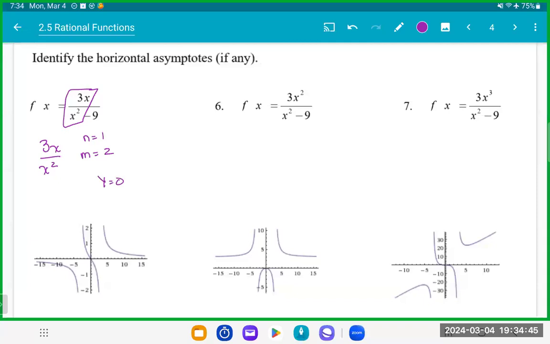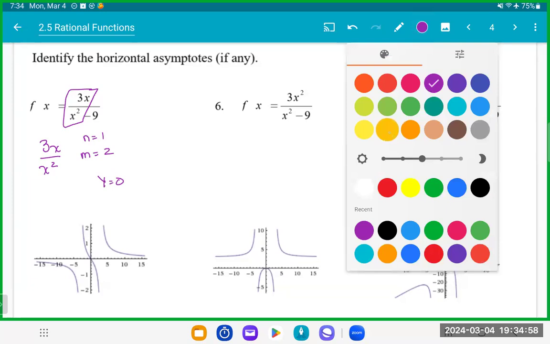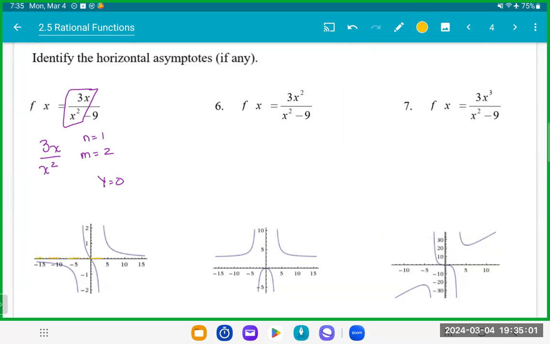Okay. So I would have an asymptote here at this line y equal to 0. So we'd have this asymptote right here. You can see this piece of the graph gets close to it. This piece of the graph gets close to it. The one thing with the horizontal asymptote is that it can be crossed given certain situations, unlike a vertical asymptote, which may never be crossed. Okay. All right.